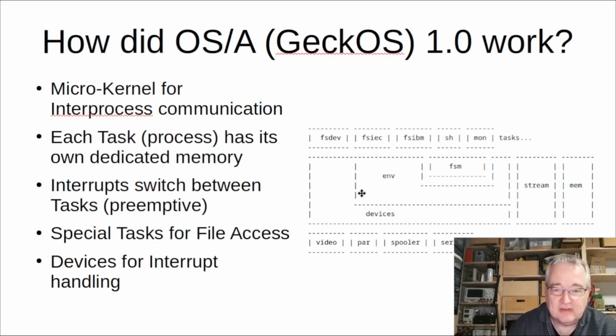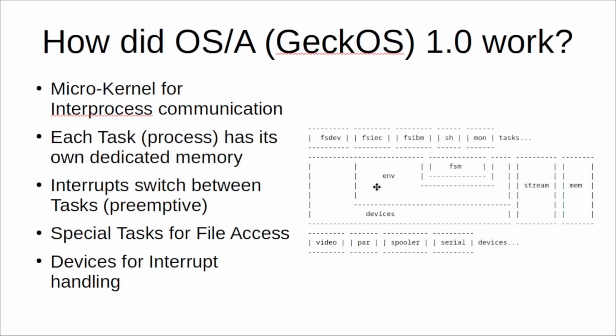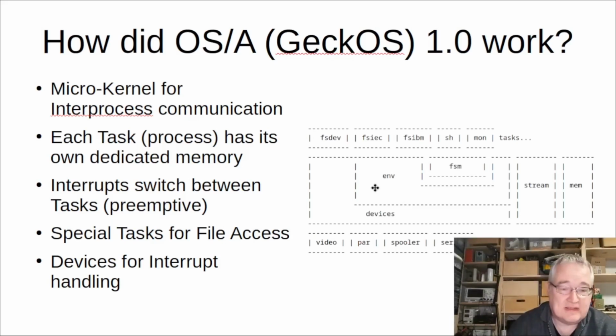And the kernel then actually switches between the tasks in a preemptive way. So there's a timer interrupt, and once a task gets interrupted, it returns into the kernel. The kernel decides whether it should keep running or be switched over to another task, and the task can of course also yield the CPU to any other task when it knows it doesn't have anything to do.